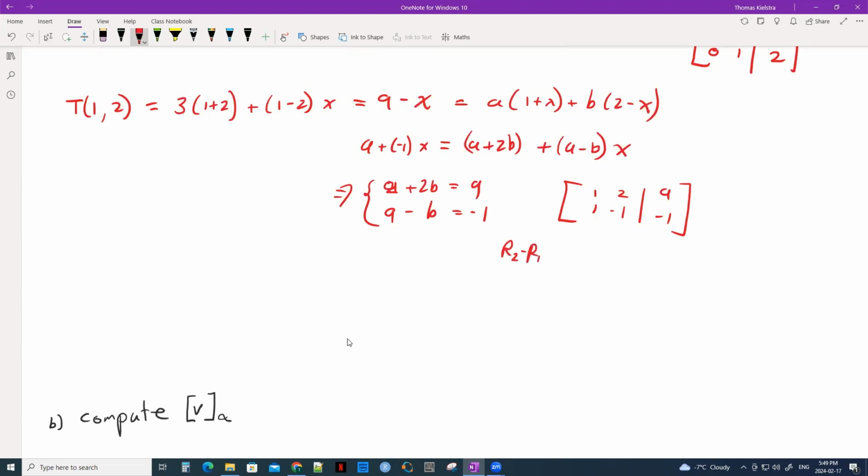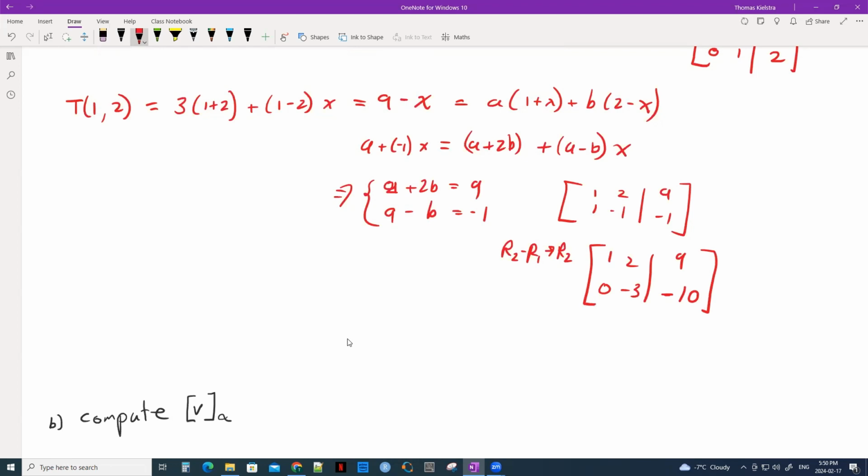R2 minus R1, replacing R2, is going to give the matrix 1, 2, 9, 0, minus 3, minus 10.